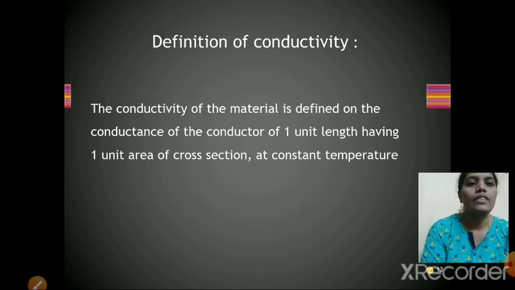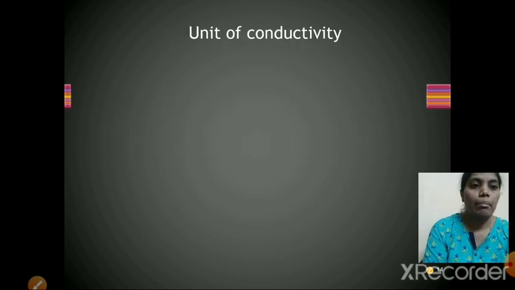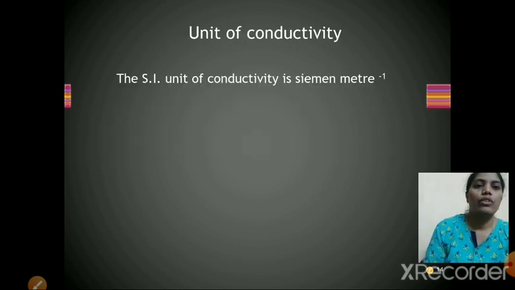The conductivity of the material is defined as the conductance of the conductor of unit length having unit area of cross section at constant temperature. What is the unit of conductivity? The SI unit of conductivity is Siemens per meter.